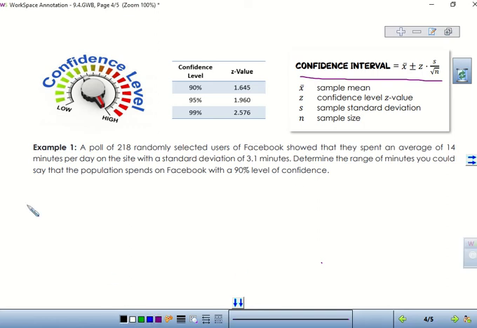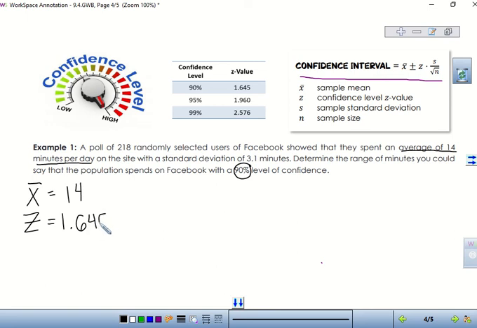First thing we're going to identify is X bar, which is the sample mean. So what's our sample average? Good. Our sample average is 14 minutes. Our z-value corresponds to the confidence level. So what's the confidence level? 90. So this is where we look at our chart, which says what z-value do we use for 90?